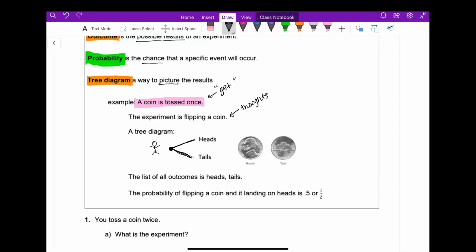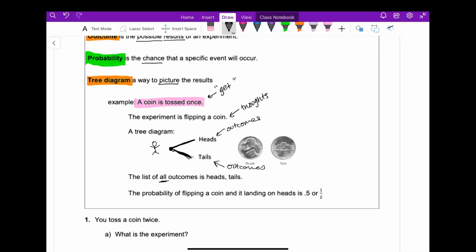So again, the overall picture is called a tree diagram. The little sticks, these guys here, are called branches, and then these are your possible outcomes, right? And I have them listed for you with a picture and all. So the list of all outcomes, this is a common question, list all the outcomes.